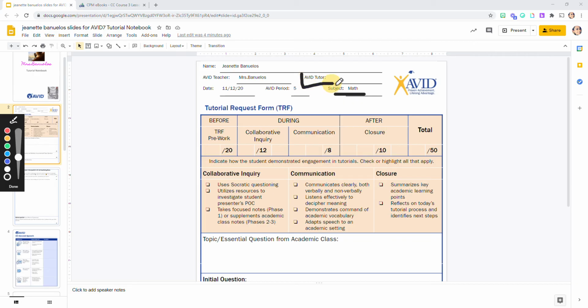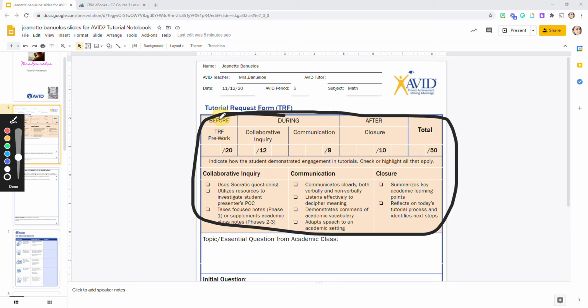For the avid tutor, if you already know who your avid tutor is going to be, you can put their name. If not, then this can be filled out once you are in your tutorial groups. This here in this light orange is your rubric.